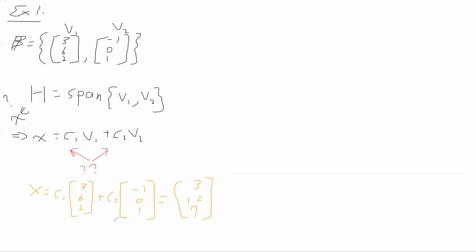Now from this point on, this should give you some idea. That looks like a vector equation which can be translated into a matrix or system of equations. So let's rewrite that in the form of an augmented matrix. We have 3, 6, 2, negative 1, 0, 1, with a dashed line, then 3, 12, 7.